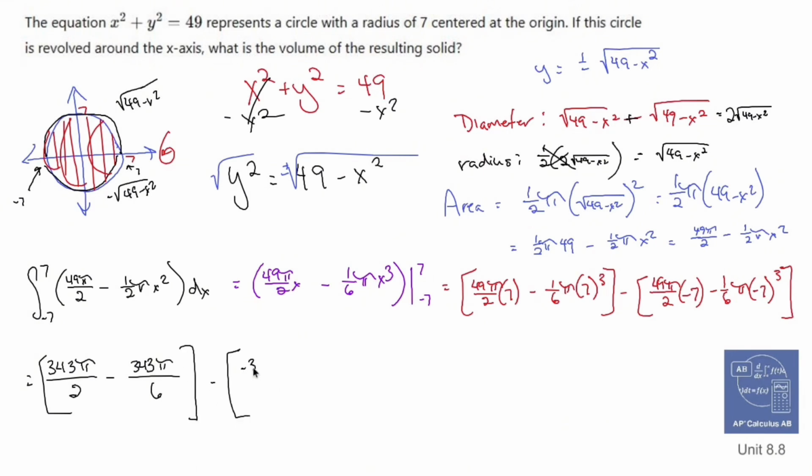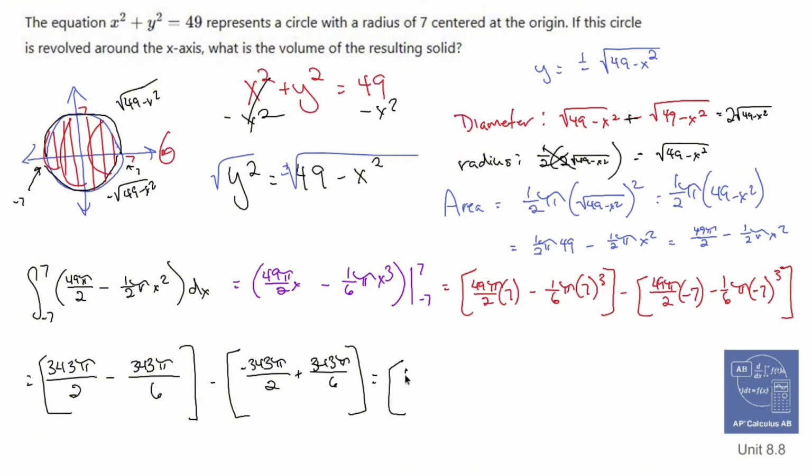So negative 343 pi over 2 plus 343 pi over 6. If I multiply the top and the bottom by 3, I end up with, or do I want to do 3? Yeah, I guess I have to.